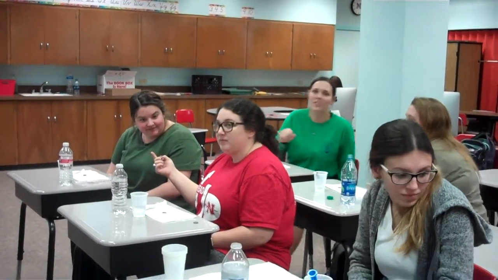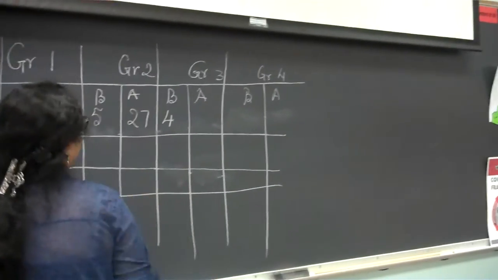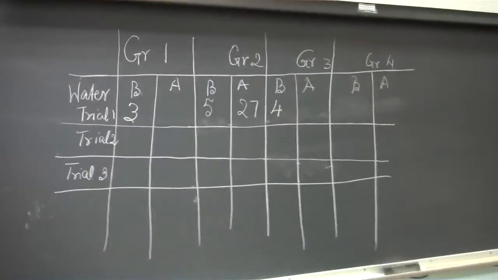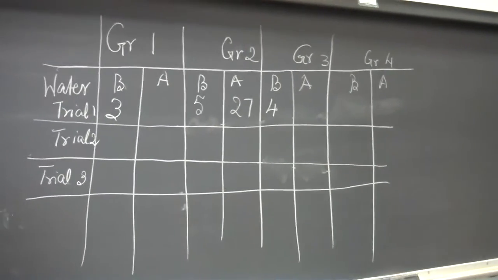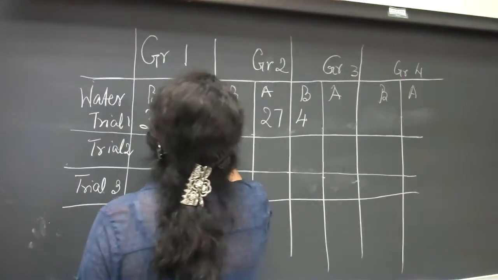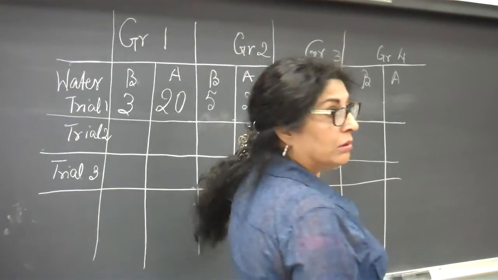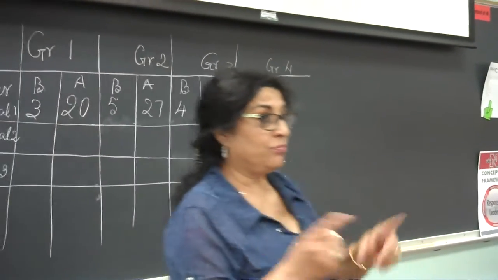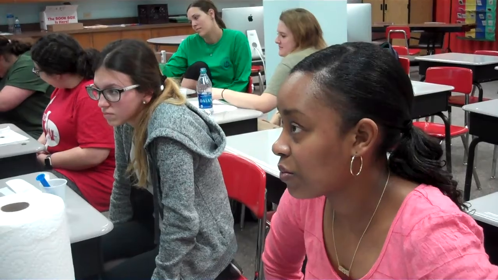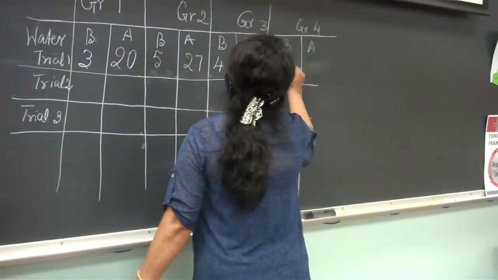Yeah, that's the average. We did 20. Group 3? Average. 25.